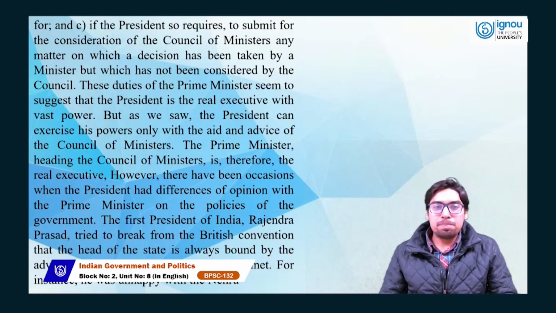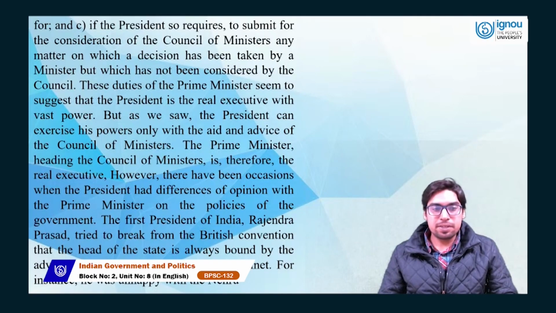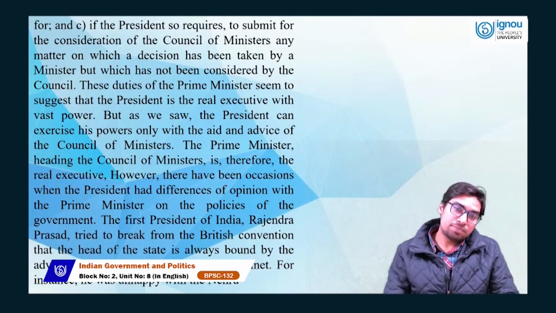These duties of the Prime Minister seem to suggest that the President is the real executive with vast power, but as we saw, the President can exercise his powers only with the aid and advice of the Council of Ministers. The Prime Minister, heading the Council of Ministers, is therefore the real executive. However, there have been occasions when the President had differences of opinion with the Prime Minister on the policies of the government.